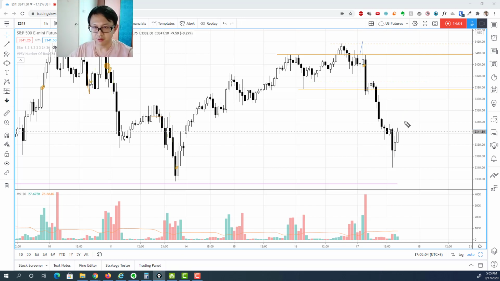And if it can overcome, then definitely I would like to see a test of these two bearish bars, somewhere around 3355 to maybe 3380.